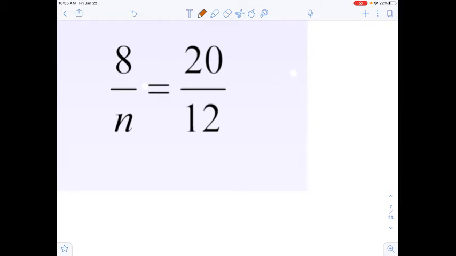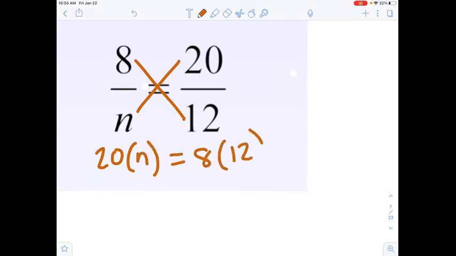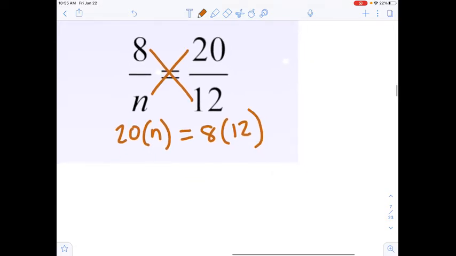8 over n equals 20 over 12. Again, solve using cross products. Multiply what's across from each other. 20 times n equals 8 times 12. 20 times n is just 20n equals 8 times 12 is 96.